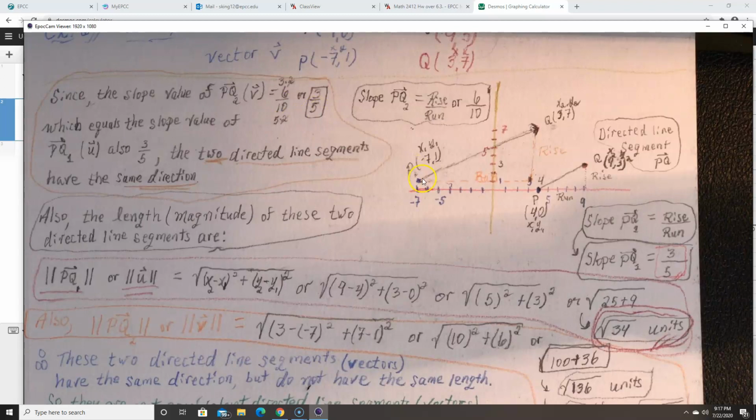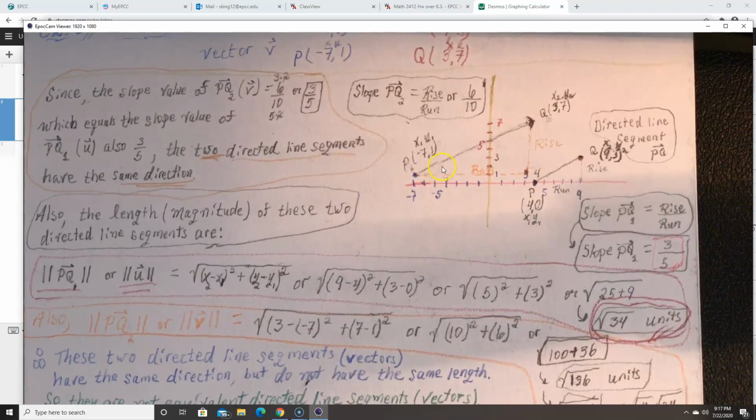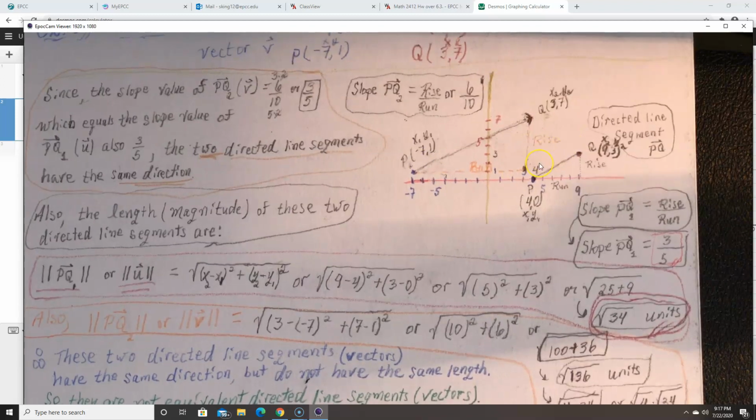So the slope value of this directed line segment is the same as the slope of this directed line segment. Or we can say the slope of vector V is the same as the slope of vector U. Or another way to say it is the direction of this vector is the same as the direction of this vector. These would be parallel because they have the same slope, which means they have the same direction.